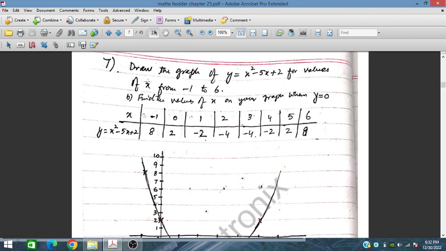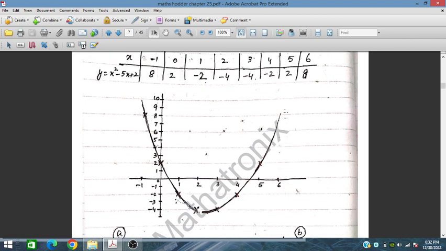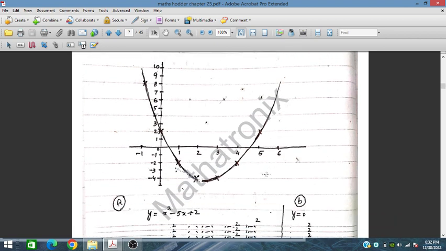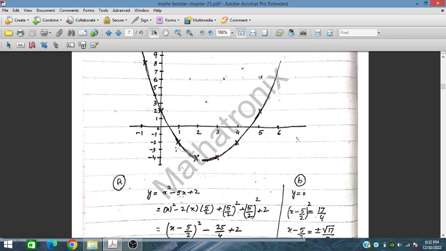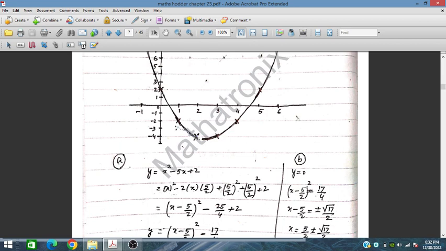In question number 7, we have to draw the graph of y is equal to x square minus 5x plus 2 for the values of x from -1 to +6. So for -1 to +6, we have obtained these values for y is equal to x square minus 5x plus 2, and this is plotted.